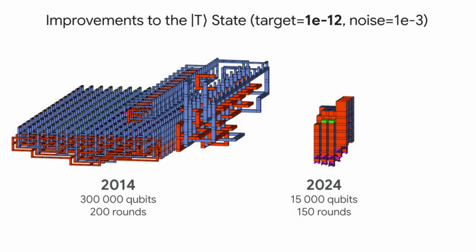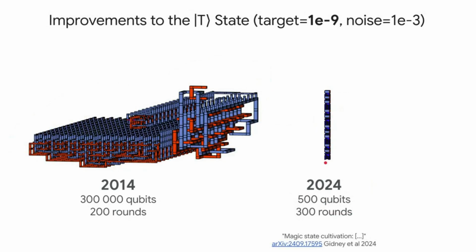What's the relationship between improvements in noise and improvements in the cultivation and the single factory? Cultivation improves enormously as physical noise strength drops because it uses error detection. Here, this is a distance 5 cultivation, which means it takes 5 errors lined up in the correct way that they leave no symptoms to make it fail.